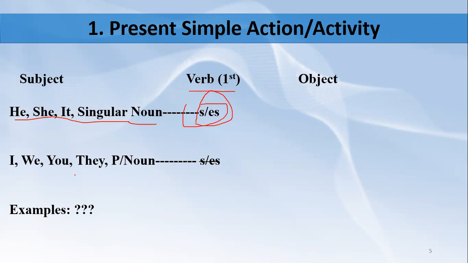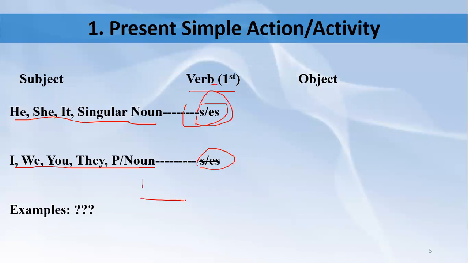On the other hand, if the subject belongs to this group like I, we, you, they, and plural noun, then we need not add s or es to the end of the first form of verb.